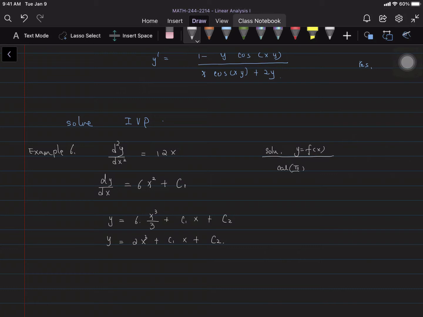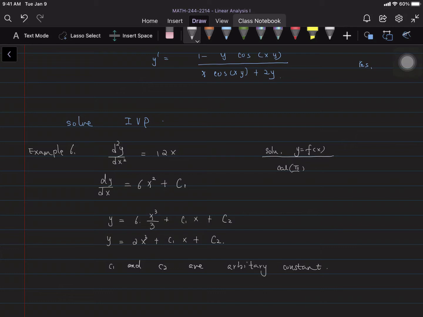So you can see this is the solution to the differential equation. And in this equation, you can see c1 and c2 are arbitrary constants. They can be any constant, okay? And this is a second-order equation.